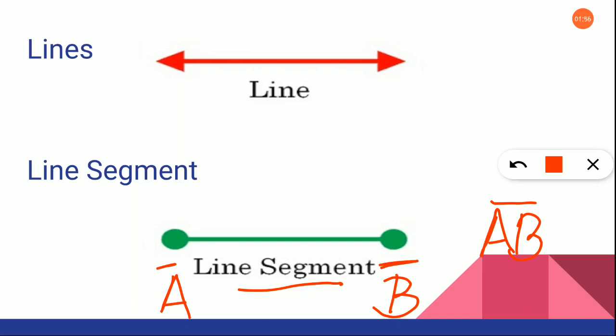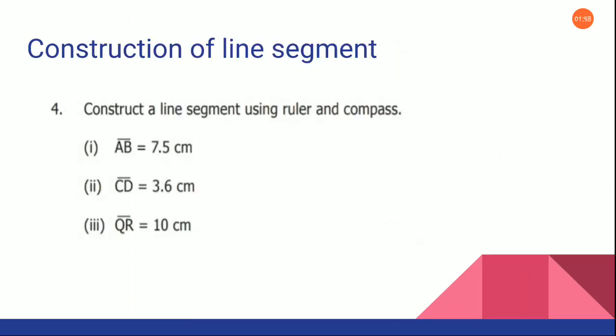Clear? Now, I am going to teach you how to construct a line segment using ruler and compass. What is a ruler? It is your scale. So, I need you children to take a scale and that scale should be having accurate measurements. Okay? Accurate measurements means it should not be broken in the edges. The scale should be neatly maintained.